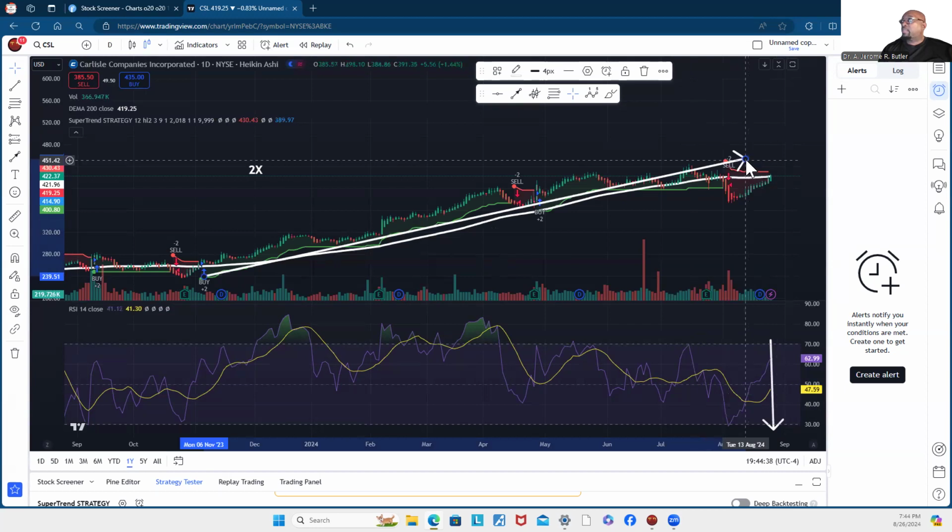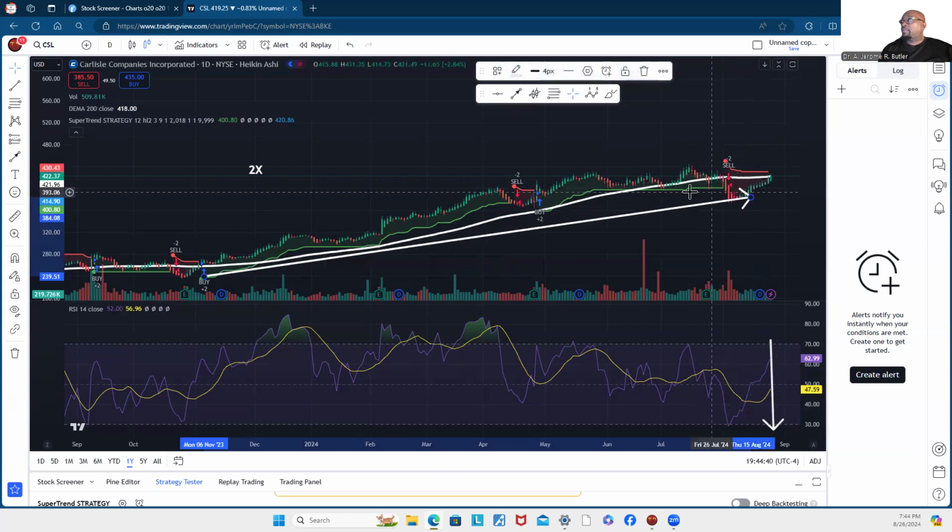Just about everything has been above that 200-day moving average. Up here, you can see you got a little bit of a drop, but for the most part, this has been Chrisley Company Incorporated. We're going to put that on our watch list. So let me write that one down.